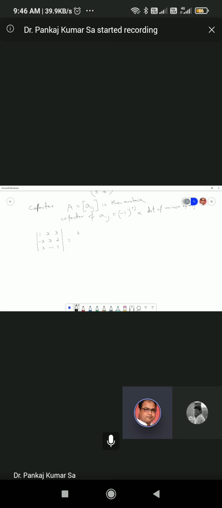Let me write in this way. Row 2 is equal to row 2 plus 2 times row 1. This is one of the properties and it doesn't change the determinant. So what happens with this? 2 times row 1 plus row 2.